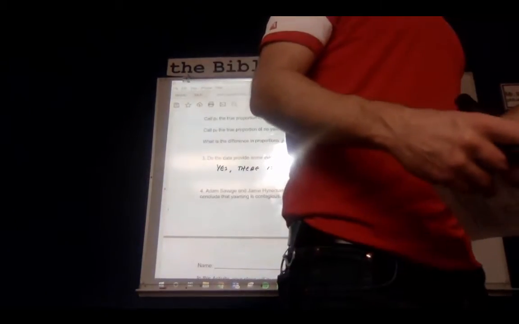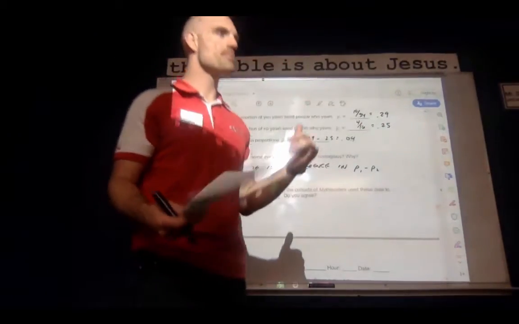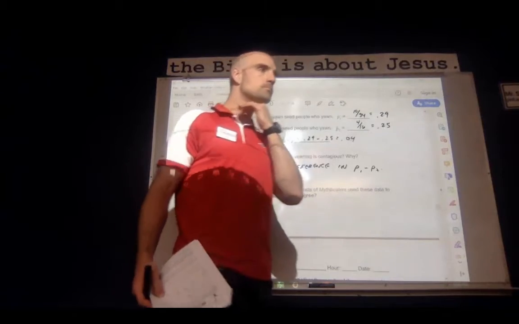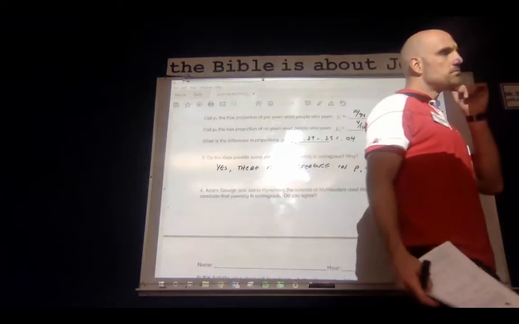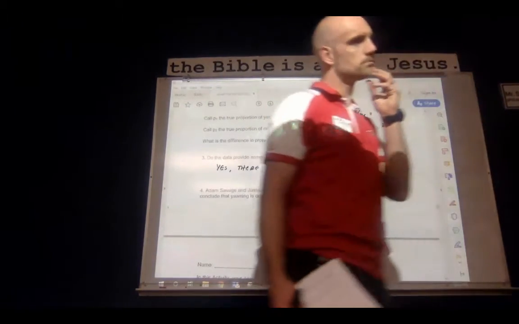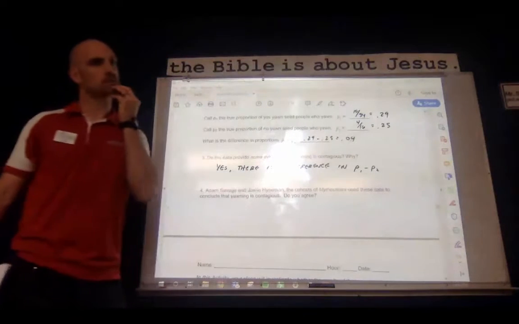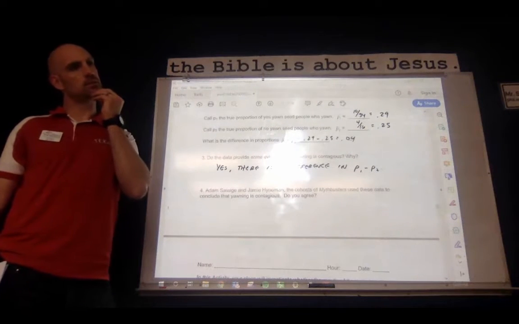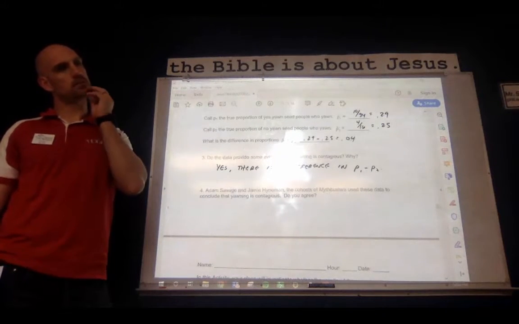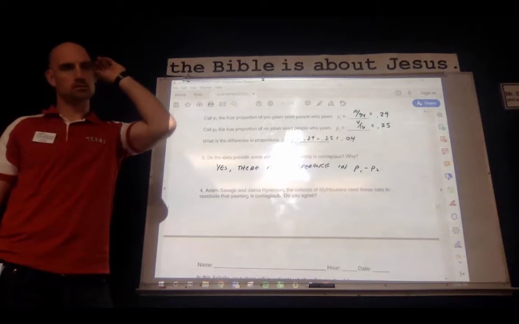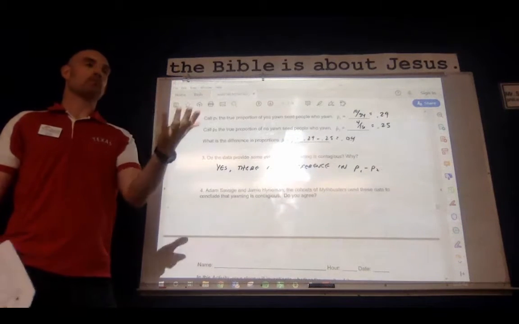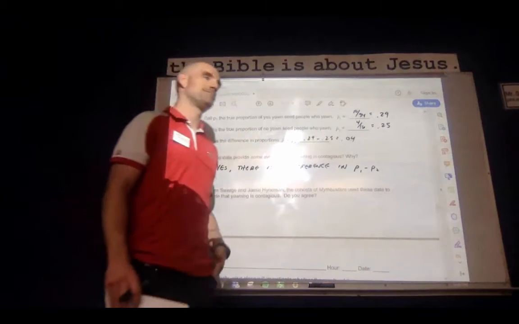Yes? This is a little unrelated, but does that mean that with the 10% rule, the sample size would be the one right below what doesn't satisfy the 10% rule? Because it's so much of the population.